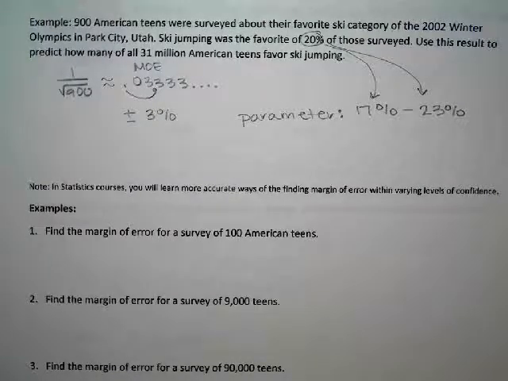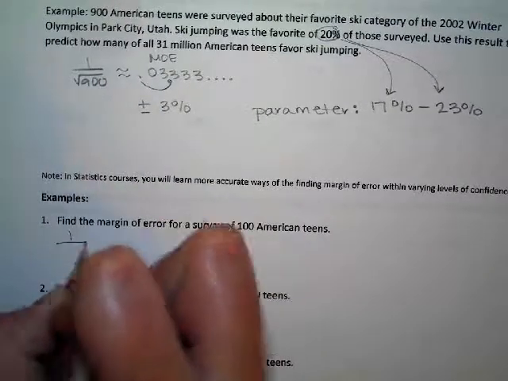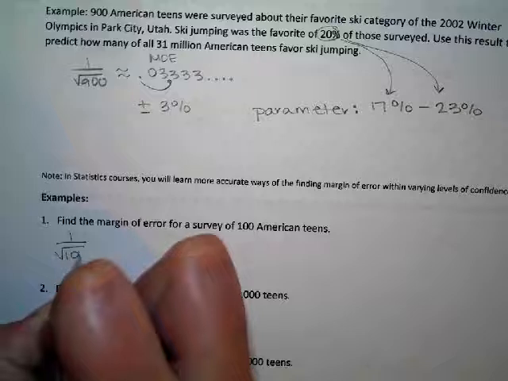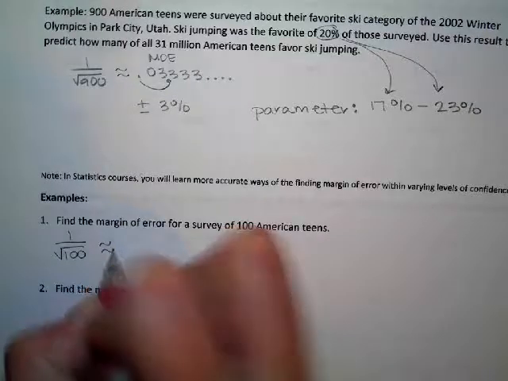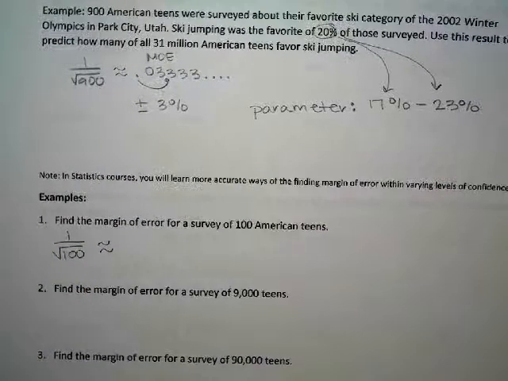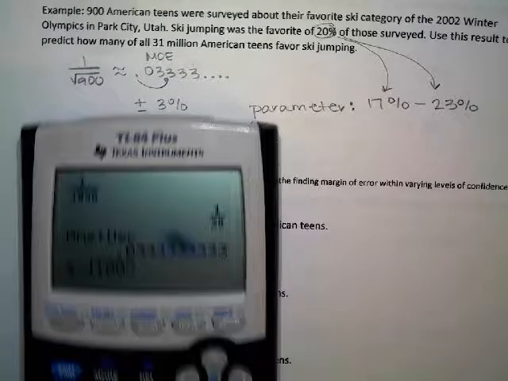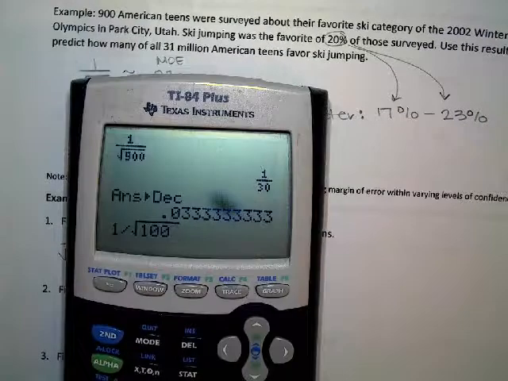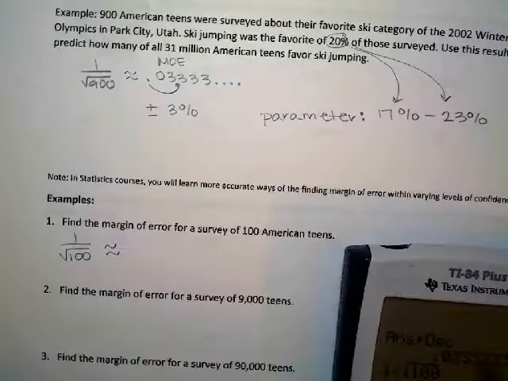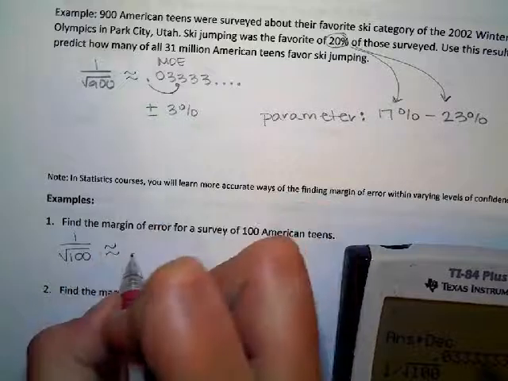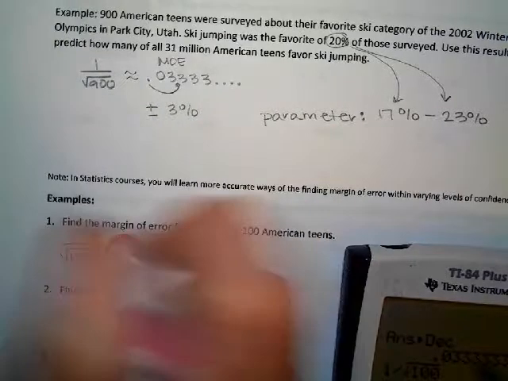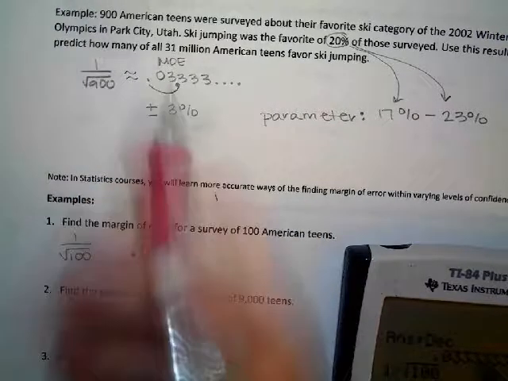All right. So find the margin of error for a survey of 100 American teens. So we're going to say 1 divided by the square root of 100, and we'll see what that is. I'm going to type it in this way so I don't have to keep converting my answer into a decimal. So this is 0.10, and that was not approximate, that was exact.